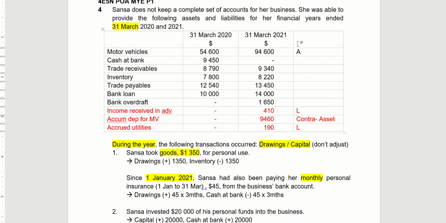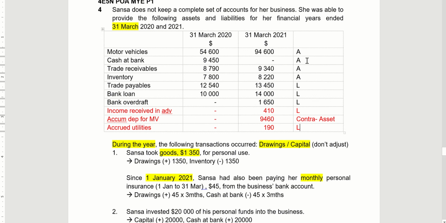So motor vehicle is an asset, cash at bank is an asset, trade receivable is an asset, inventory is an asset. Trade payable is a liability, bank loan is a liability, bank overdraft is a liability. And then of course you have your income received in advance, accumulated depre, and accrued utilities.